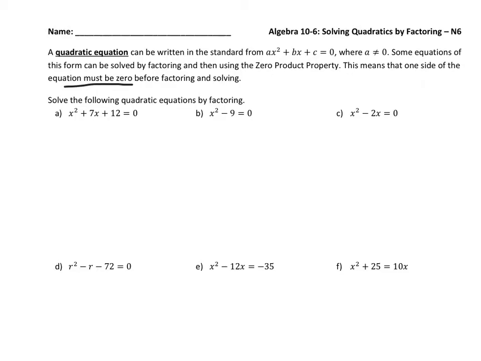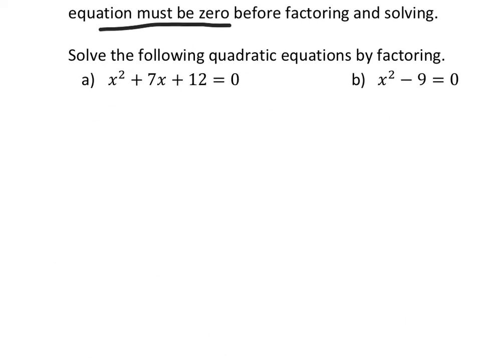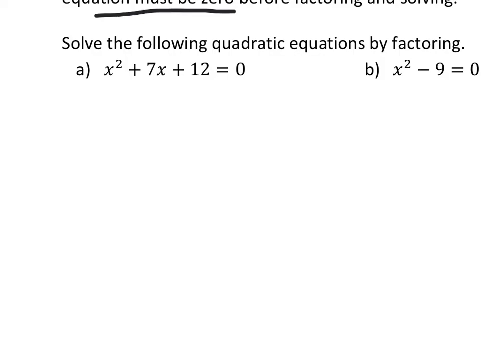So let's take a look at letter A. It's already solved for 0, so what we're going to do is factor x squared plus 7x plus 12. Now it is a trinomial. There is no greatest common factor, and because it's a trinomial, I'm going to do MAM. The coefficient of x squared is 1, the leading coefficient, so I can just do regular MAM.